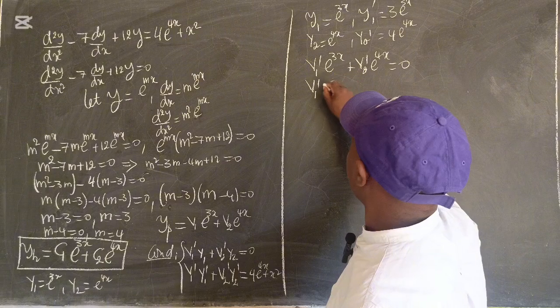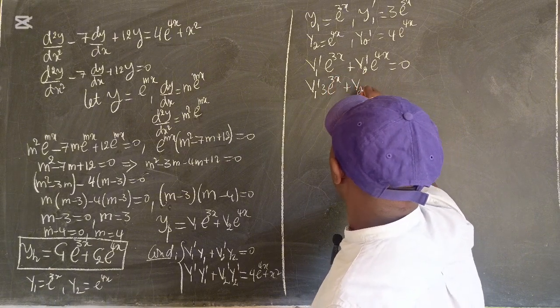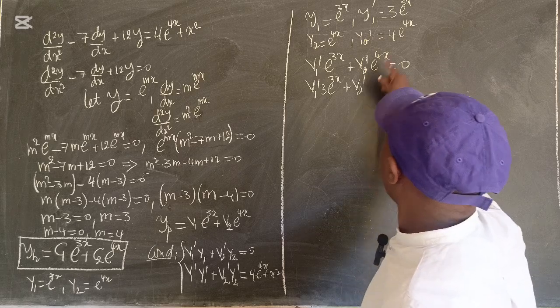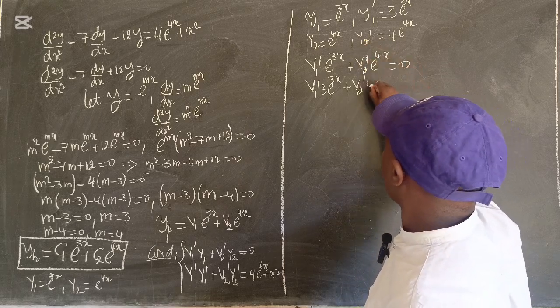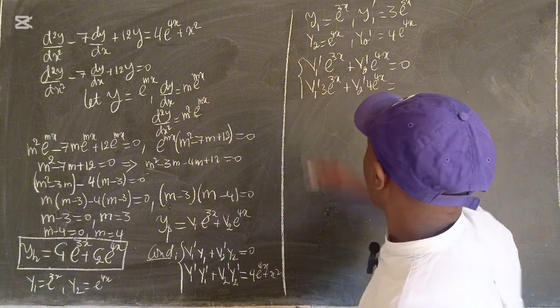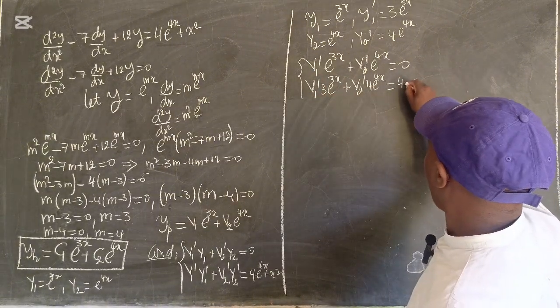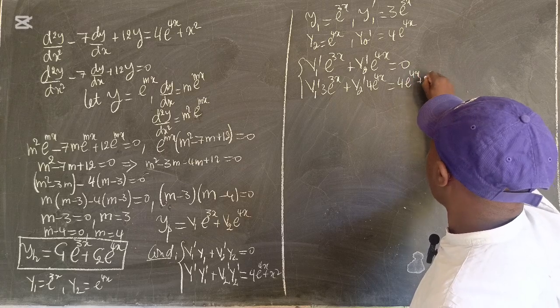The derivative is 3 exponential of 3x, plus v2 prime times y2 prime, which is 4 exponential of 4x, and this is 4 exponential of 4x plus x power 2.